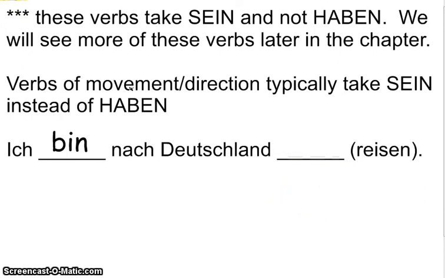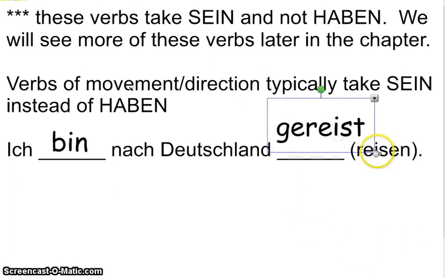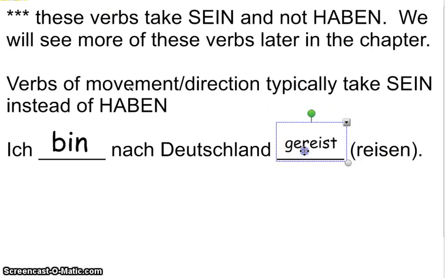Wir sind, ihr seid, sie sind. And then reisen, right? Gereist. So to say, I traveled or I have traveled to Germany, it is ich bin nach Deutschland gereist. So reisen and wandern on that list are two of them you want to make sure you use sein with.